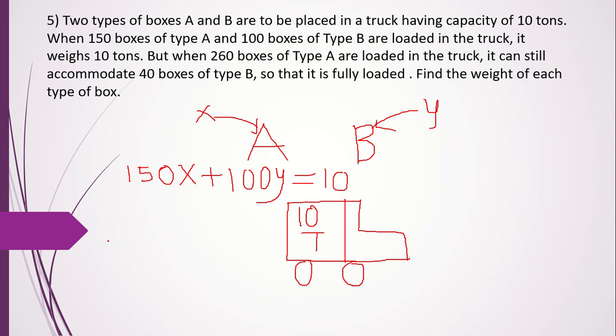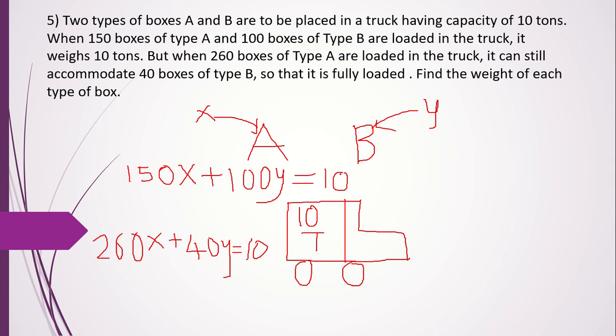But when 260 boxes of A type are loaded in the truck, it can still hold 40 boxes of B type. So 260 boxes of A type plus 40 boxes of B type will make it 10 ton complete.